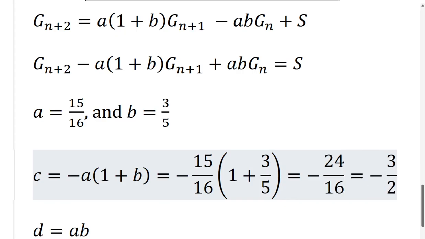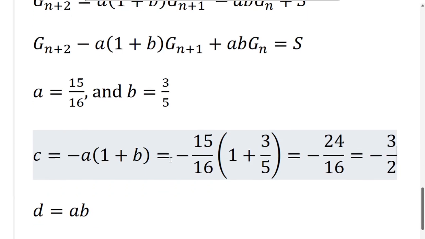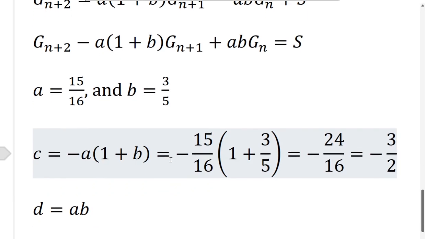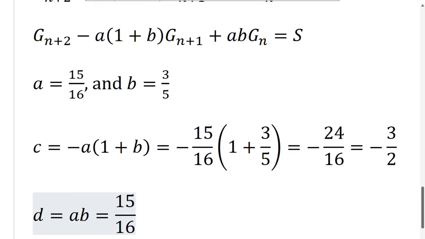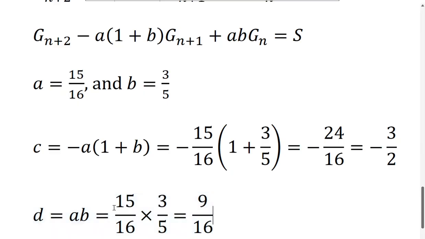Again, convince yourself of that, just calculate it out, and it is the correct answer. And then this one is 15/16 times 3 over 5, and that is 9 over 16. Okay, cool. So we have our two answers. Excellent.